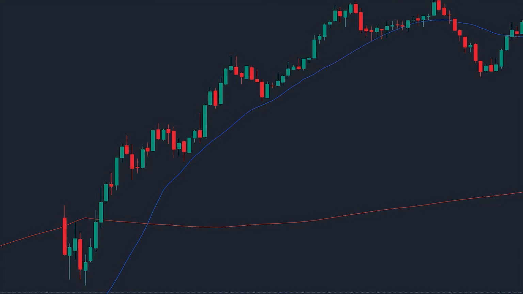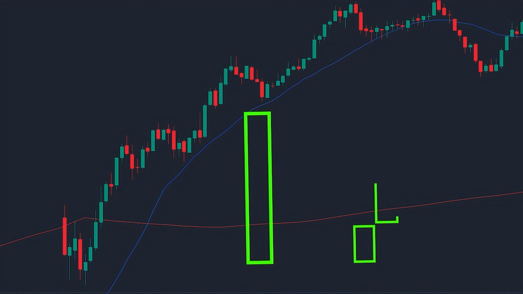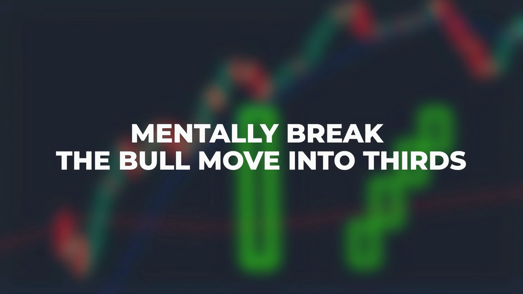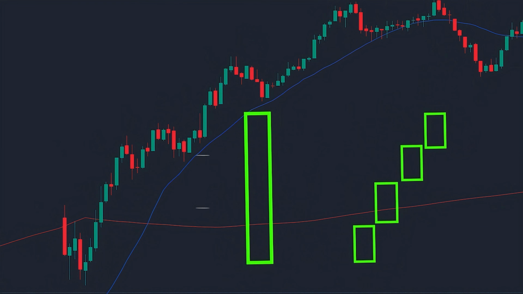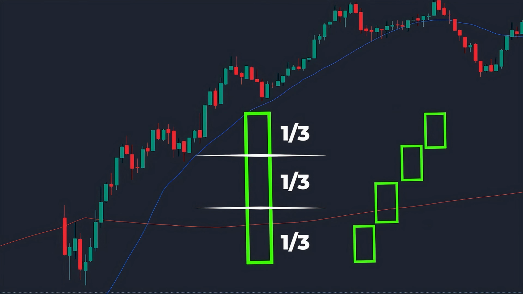All right. Whenever we get a bull move, either the single bar or the multiple bar run move, and I'm going to draw the other one in again, whenever you get a surge, I want you to break the surge up, at least mentally, into thirds. We're going to always, or generally, think in thirds.